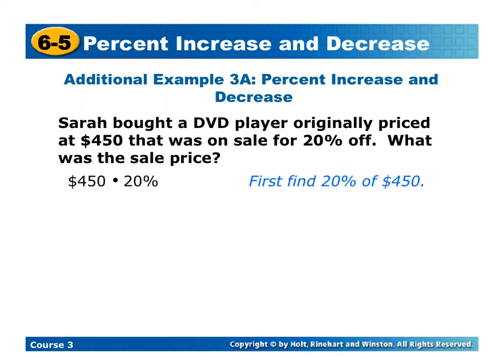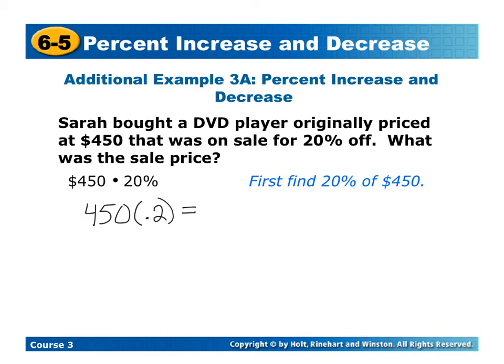Another way we use percents is when we're talking about sales tax and discounts. If Sarah bought a DVD player originally priced at $450 and it was on sale for 20% off, we want to know what the sale price was. So first we're going to find 20% of 450. I could set it up as a proportion, an equation, however you want to do it. If I set it up as an equation, it's 450 times 0.2, as a decimal, is going to equal our discount.